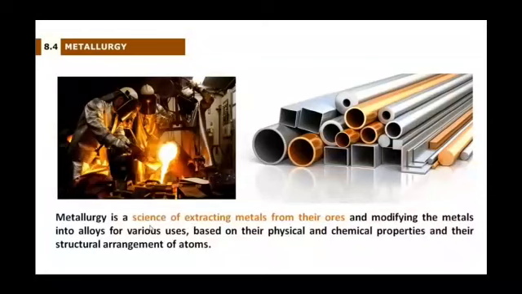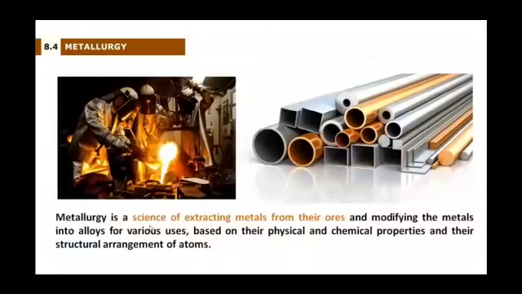So the definition of metallurgy is a science of extracting metals from their ores and modifying the metals into alloys for various uses. Alloys are formed with the metals. For example, aeroplane parts are made with aluminium. Why is aluminium used?